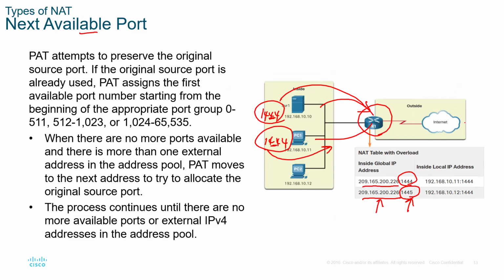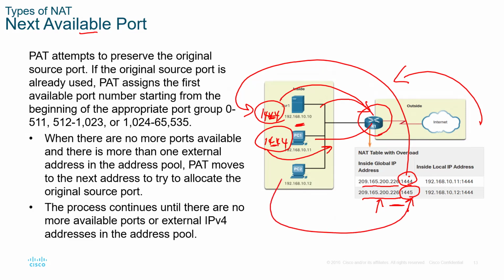Then if we are communicating from outside the network, we are responding. With this one, it gets translated directly back to these numbers, the private address and the port number. With this one, it will also need to be translated back to this address and this port.